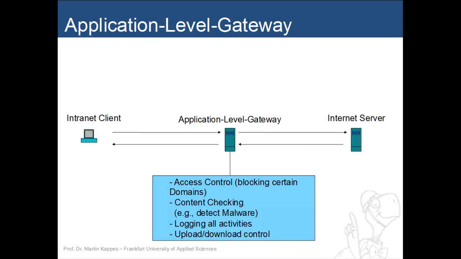Apart from security functionality, application level gateways can also do other things. So for instance, application level gateways in form of proxies for HTTP could also cache websites in order to not use the wide area networking link here too often in order to get the same page over and over again from particularly popular websites, for instance.